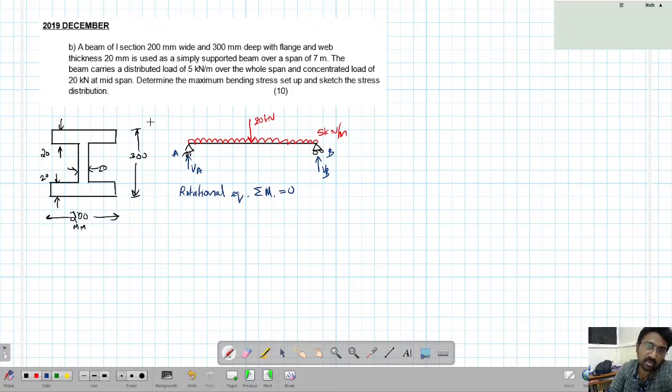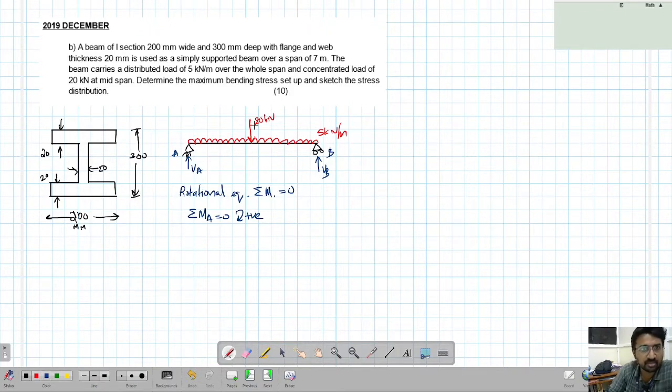It is not rotating, so about any point you find the moments, it should add to 0. So let's say sum of all moments about A equal to 0, and we will assume clockwise to be positive.